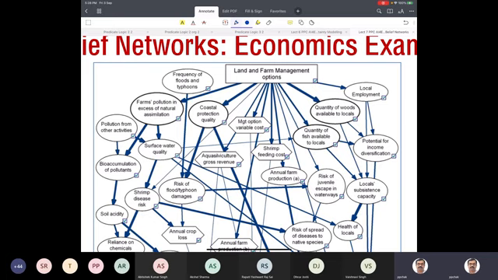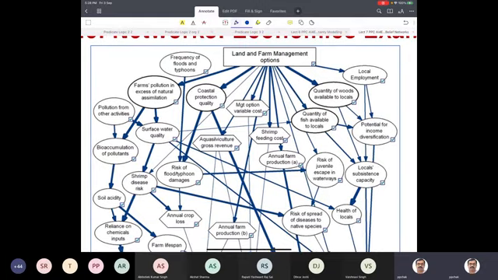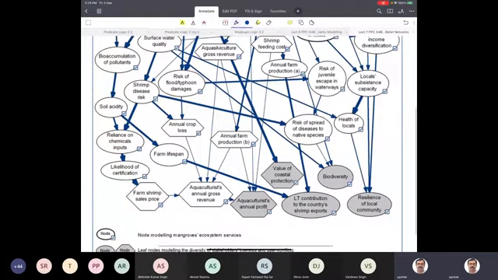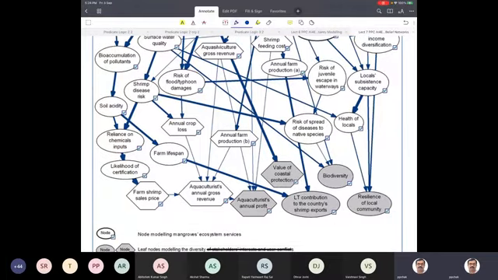Now that affects the typhoons, that affects the risk of juvenile escape in waterways, local subsistence capacity. And then if you go down, it shows a detailed diagram which ends in the various values of the agricultural profit, the shrimp exports, the resilience of the local community, biodiversity, etc.